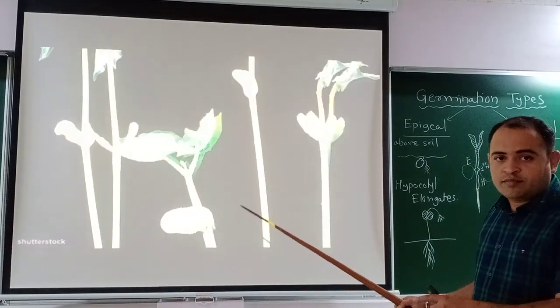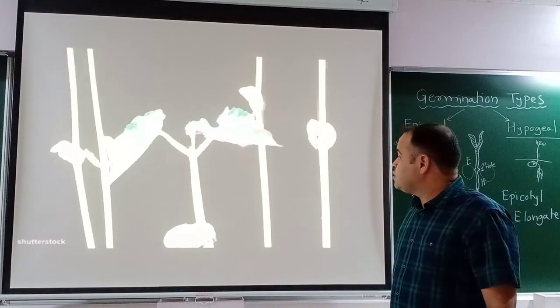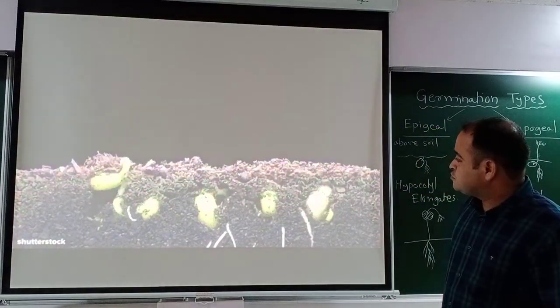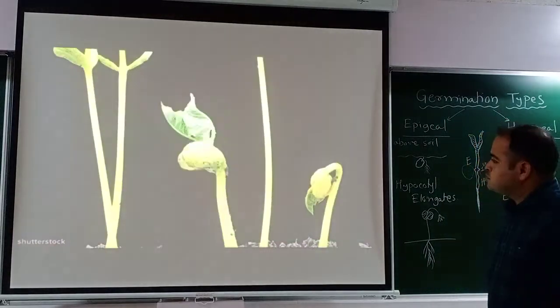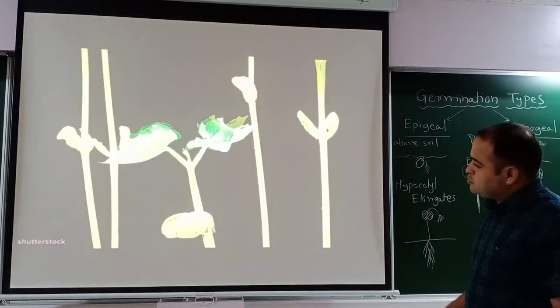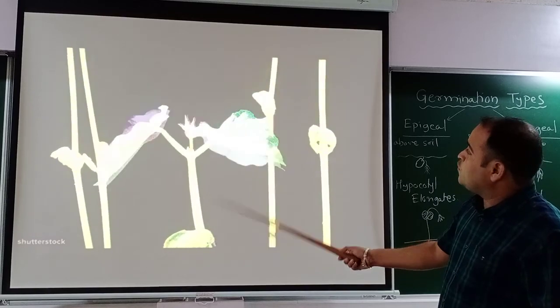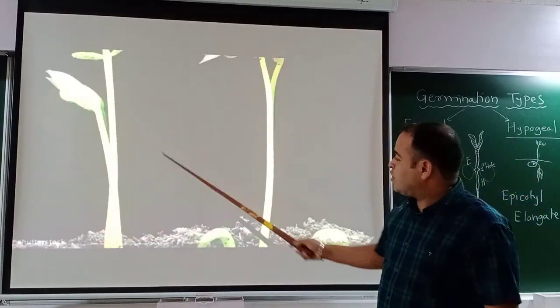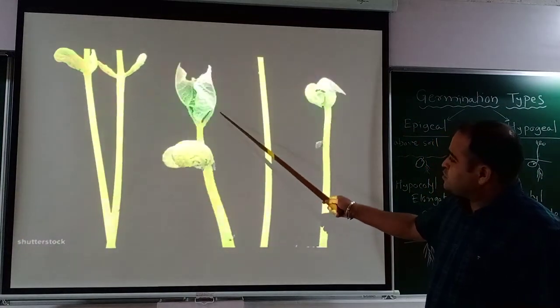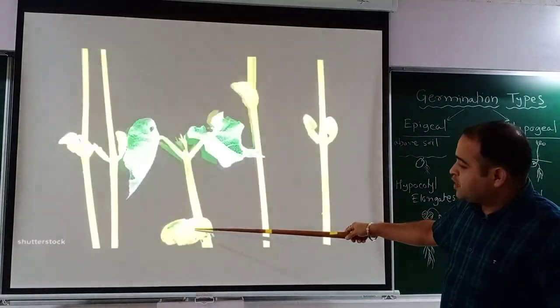Think about this. Purposely I am taking a pause. Observe the things carefully. See the shrinking behavior of cotyledon, how it shrinks. Initially it is quite healthy, but eventually as this particular part grows, it shrinks.